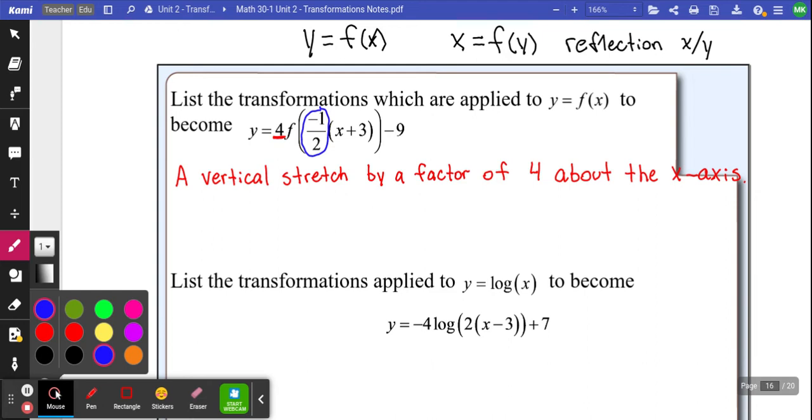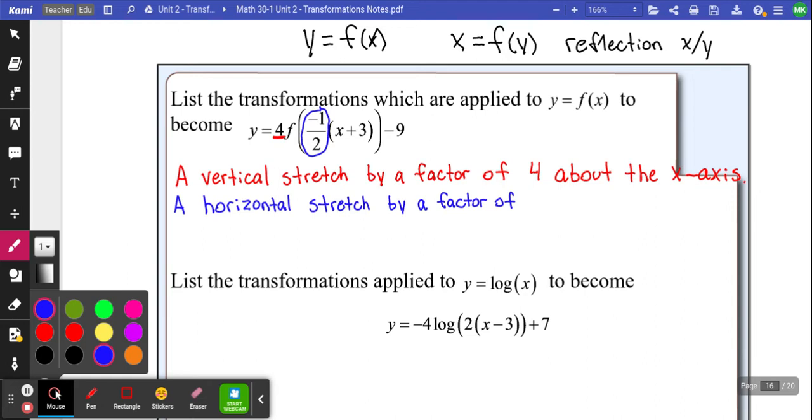So I'm going to say that it is a horizontal stretch. That's me saying I'm stretching it left or right. By a factor of 2. Wouldn't it be negative 2? You just told me that it doesn't switch.